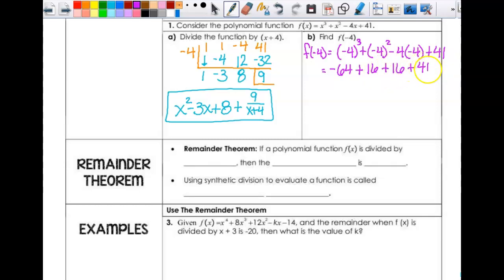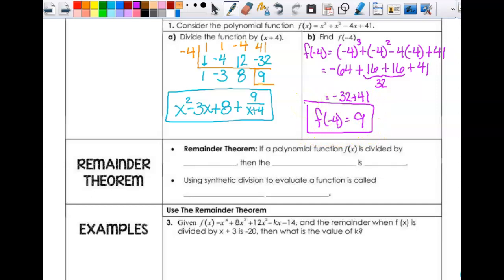And then I add 41. Okay. For me, in my brain, when I combine all those numbers, I don't just go from left to right. I would see that I know that 16 and 16 is 32. And I know that 32 is half of 64. So then that leaves me with a negative 32 plus 41. Right? So then f of negative 4 equals 9.